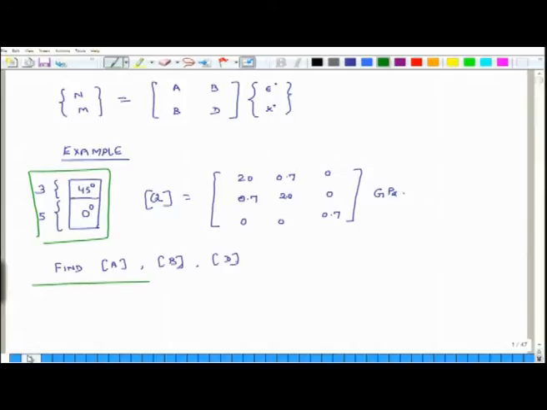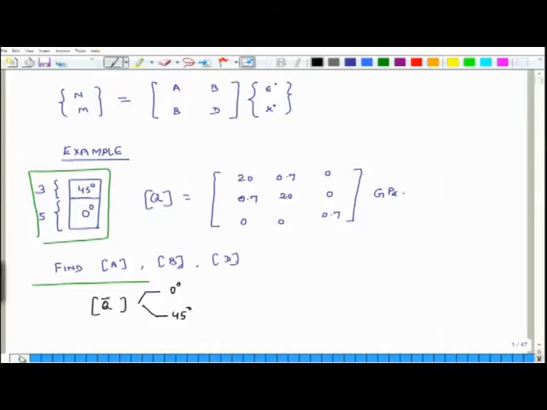So, what do we do? We know that we have to find A, B and D matrices, so we have to find the Q bar matrix for each layer. Now, there are 2 layers. So, we have to find the Q bar matrix for the 0 degree layer and the Q bar matrix for the 45 degree layer, and then using the relations which we developed earlier, we will be able to calculate A, B and D matrices.